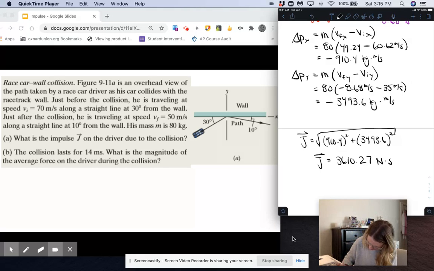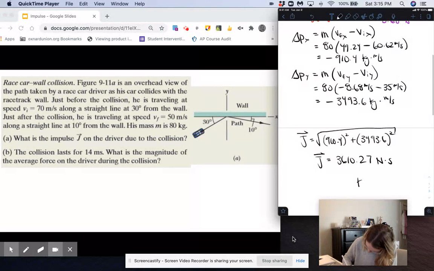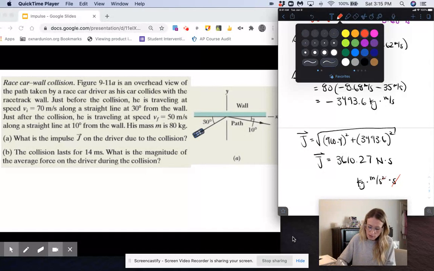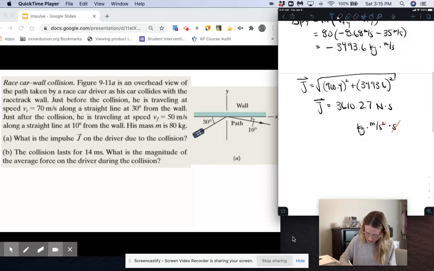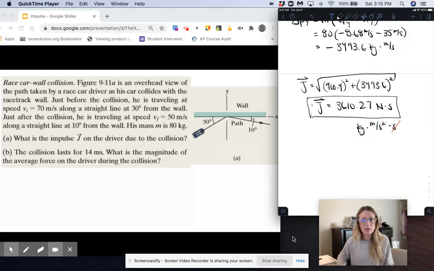So a newton is a kilogram times meters per second squared. Then if I multiply this by seconds, the seconds and the squared cancel out, and therefore we get kilograms times meters per second. So whether you use kilograms times meters per second or newtons times seconds for the unit for your impulse J, they both work out, okay? So you can use either one for that. So here is the magnitude of our impulse.